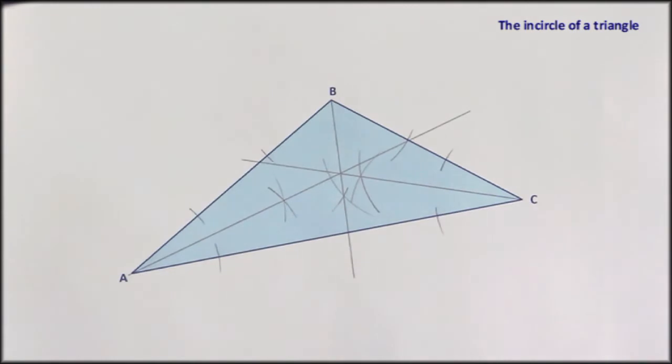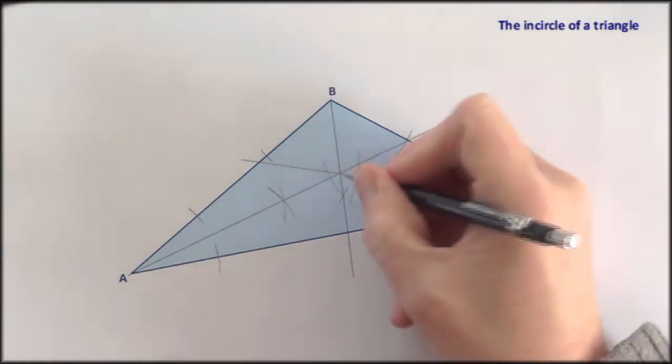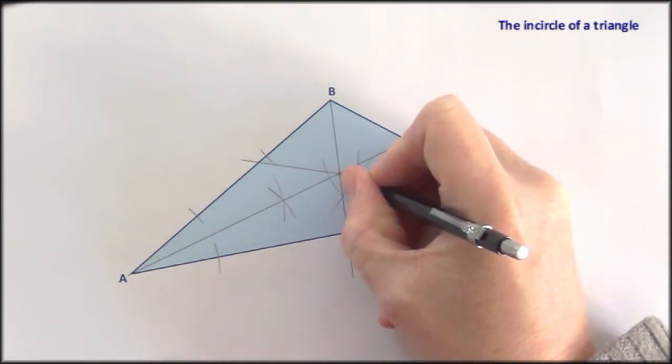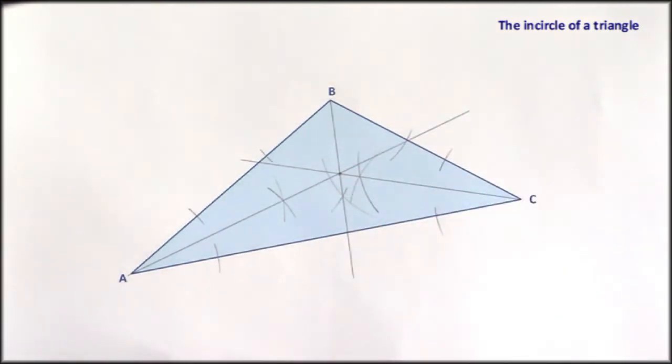Phew, that worked. So this intersection point I'm marking here is the incenter of the triangle.